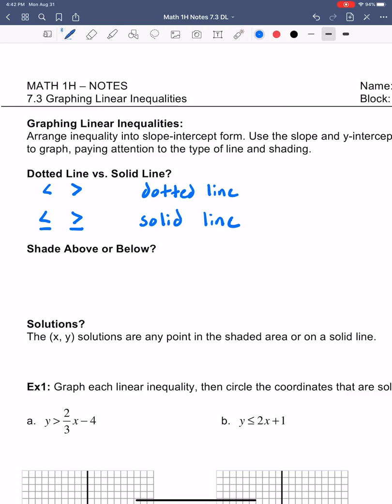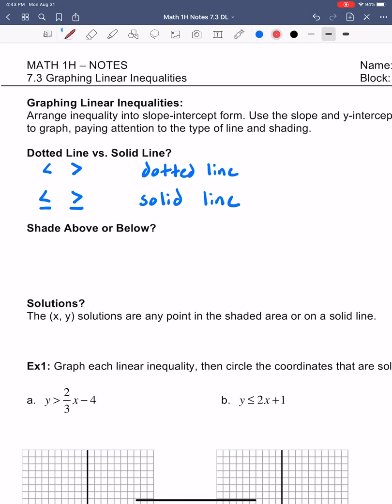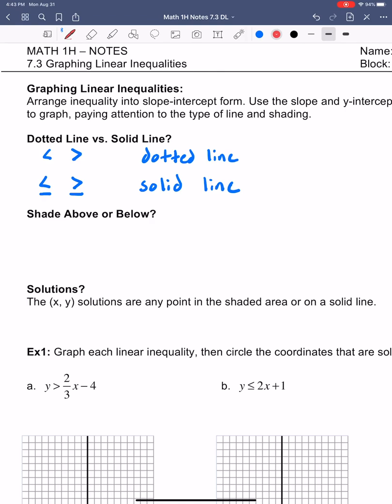Okay. And then the next part is where to shade, because you can see that there's going to be some shading, and remember that's because our inequalities have groups of solutions, whereas our equations normally just have one solution, or it's not as big of a group, so we don't need the shading there.